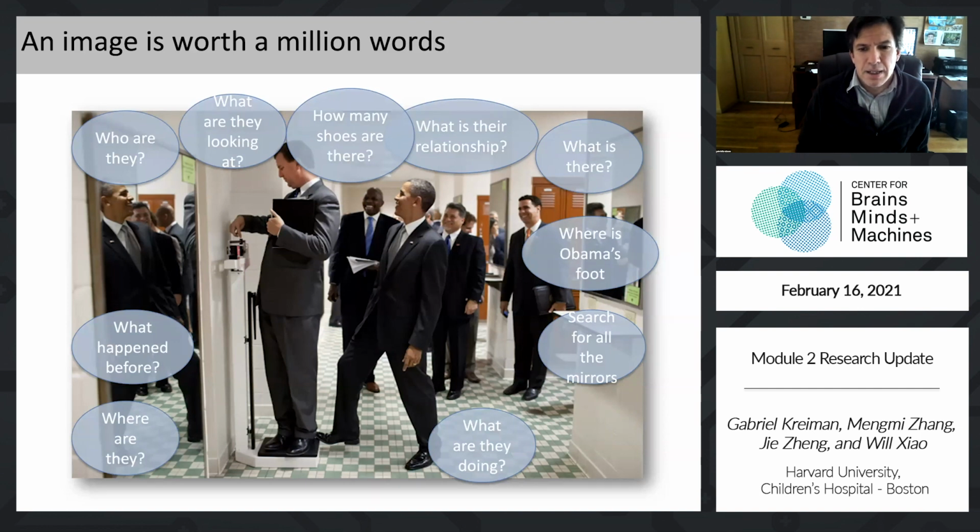Borrowing a term that was coined by Shimon Ullman, we think that this is done by the ability to have computational routines, visual routines, that can extract visual information, but importantly, they can be reused in a compositional manner and in a flexible manner. So that's one of the key questions we're interested in understanding in Module 2.